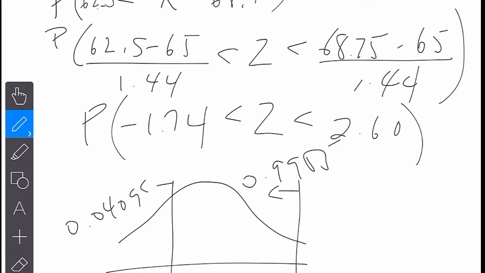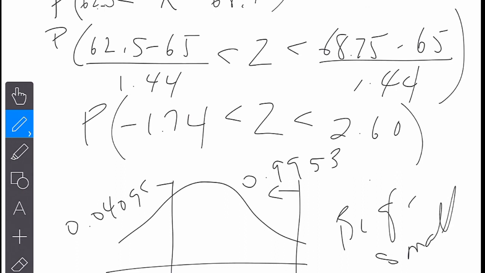No, that's not right. It is 0.9953. And then you take the big one and you minus the small one to get the in between. And you find your answer.